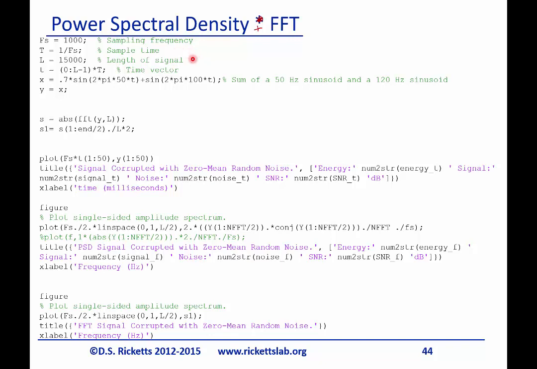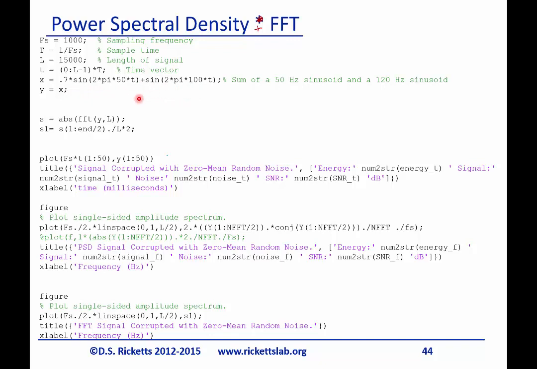In this example, we're going to make a length vector of 15,000 points and create a time vector out of our sampling time, dt, and our signal length of 15,000 points. And what I'm going to plot is 2 signals. I'm going to plot a sinusoid at 50 hertz at 0.7 and a sinusoid at 100 hertz with 1 volt.